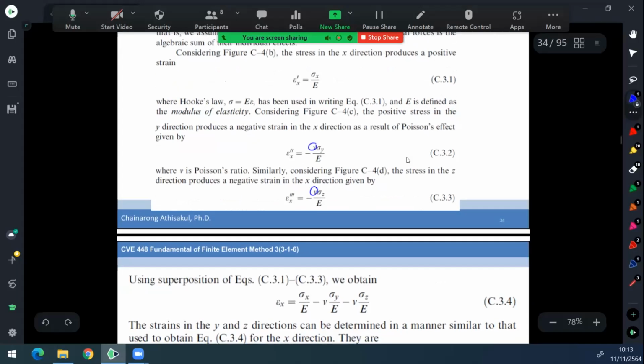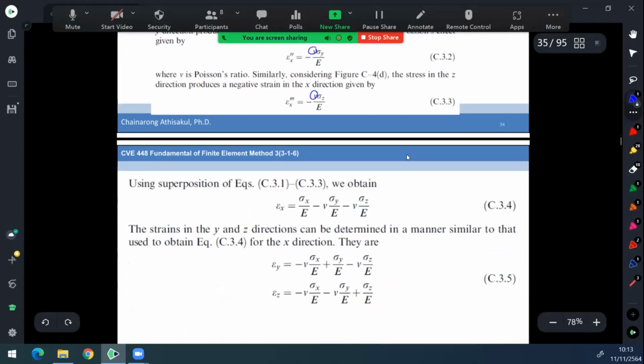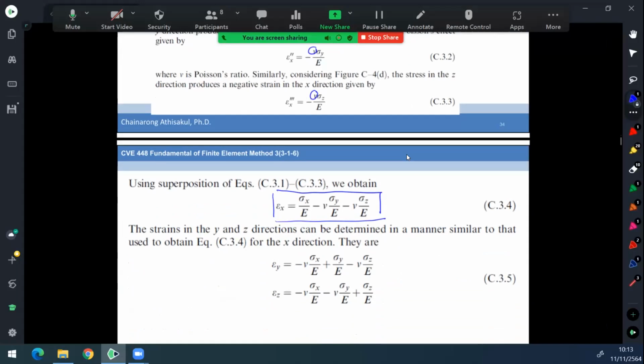So what does it mean? It means that the axial strain epsilon x is composed of 3 components. It's composed of the axial stress in the x direction itself, and also the axial stress in the y and z directions through the Poisson effect, by Poisson's ratio.